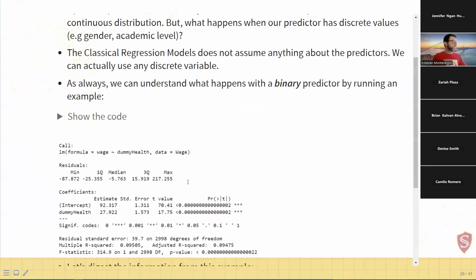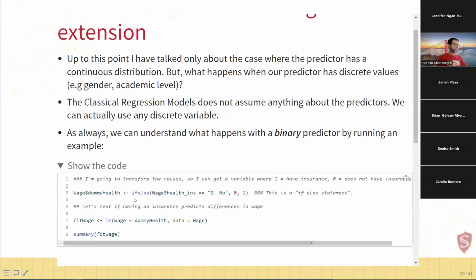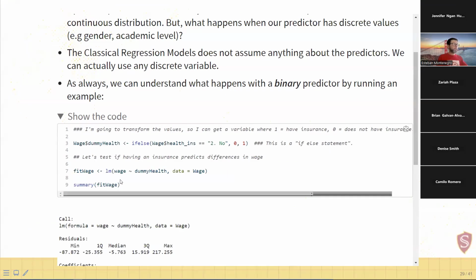Now, let's see this example. I have another example here. As always, you can check the code. Let me explain what I did here. In the wage dataset, there is a variable called health insurance, health underscore ins. That means health insurance status.